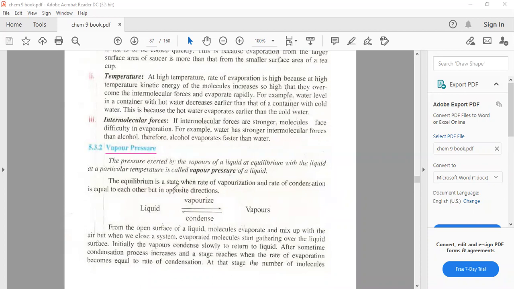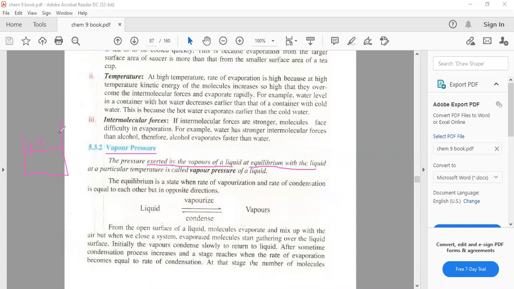Vapor pressure is basically that pressure which is exerted by the vapors of a liquid at equilibrium with the liquid. If there is a liquid in a container, the liquid molecules, due to the increase of their kinetic energy, escape from the surface of the liquid and move upward.